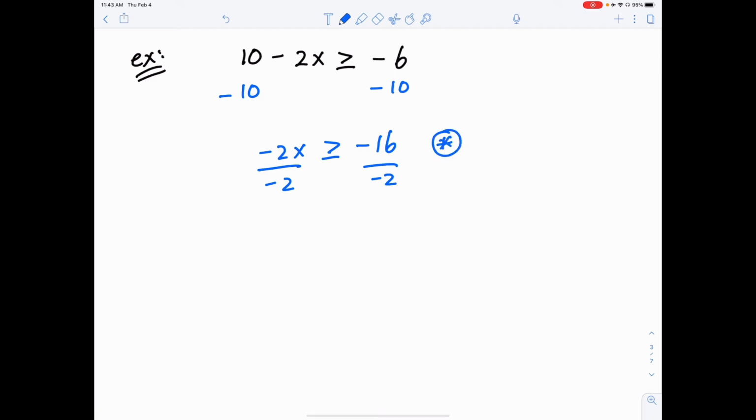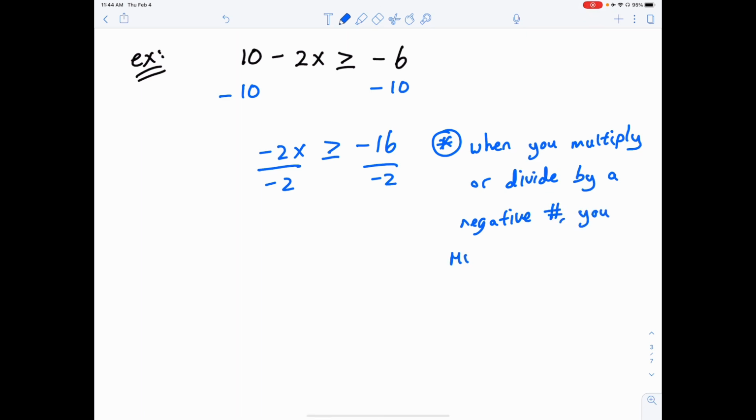We're going to make this a rule to remind us that whenever you multiply or divide by a negative number, you must flip the sign.